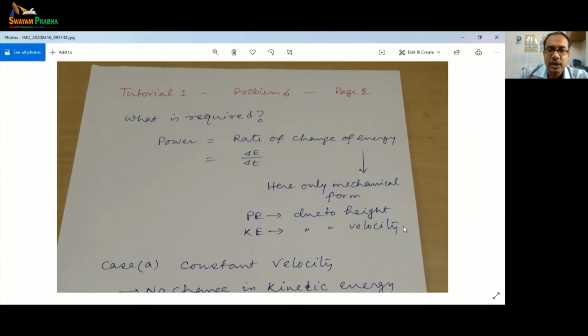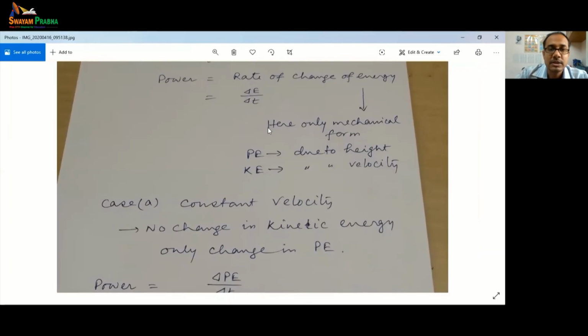So there are two forms of energy change here, potential energy and kinetic energy, and both of them we call forms of mechanical energy. This is the basic concept that we are going to need to solve this problem.